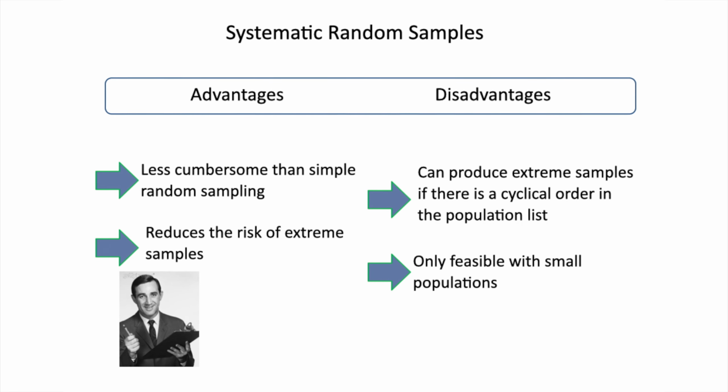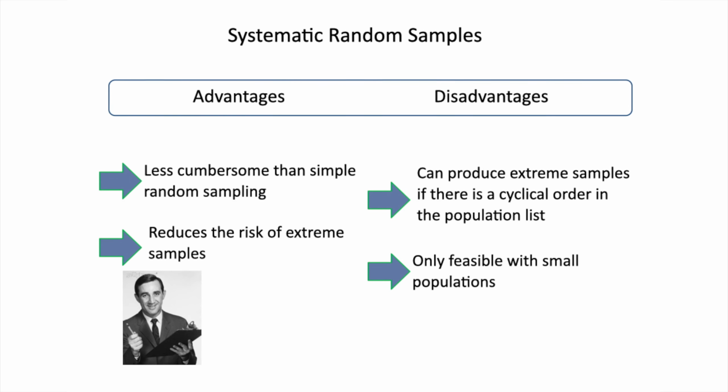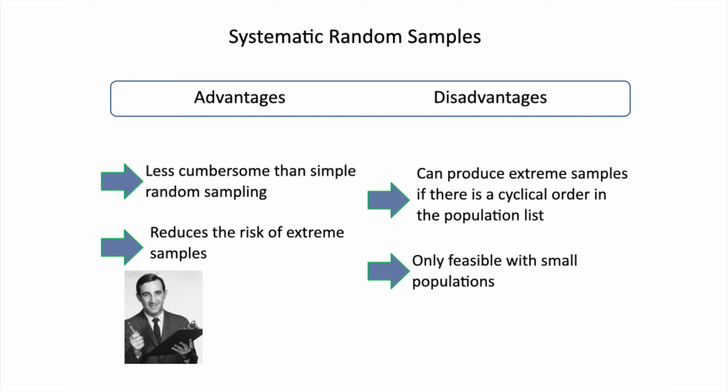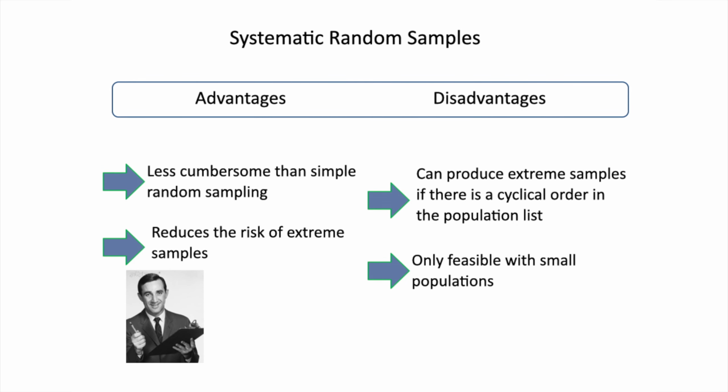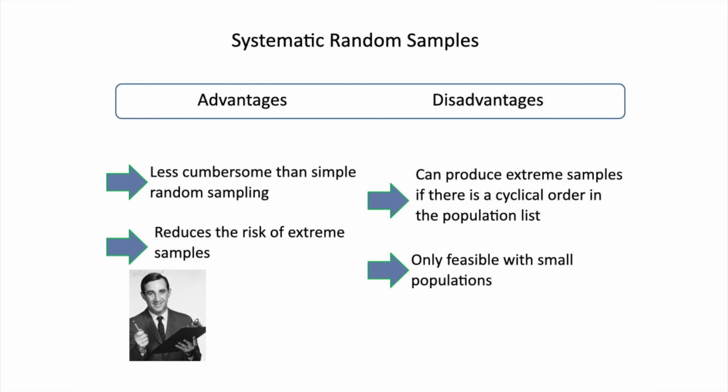The big disadvantage, though, is that if you've got a list that's got a cycle to it, or if there's something that structures the order of the list, you're going to get a goofy sample in that context. It's going to put something else into the sample there. Think about it in terms of alphabetical order, right? I was literally the only person with a last name that started with T in my class from kindergarten to grade 12, right?